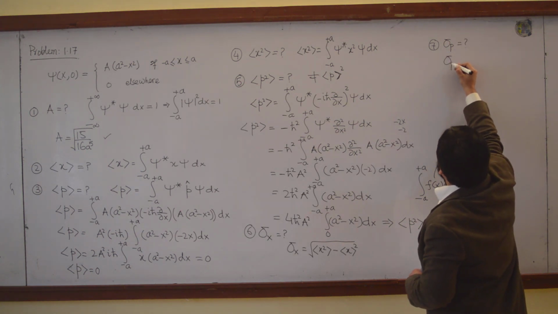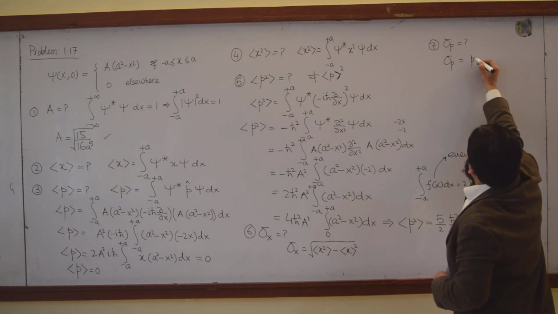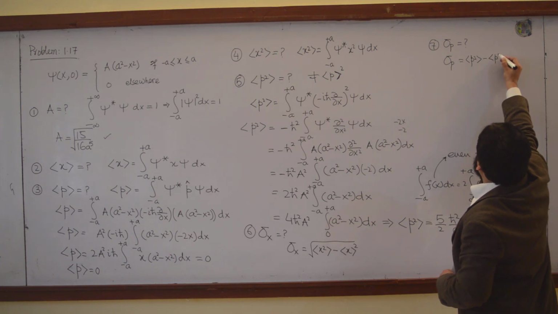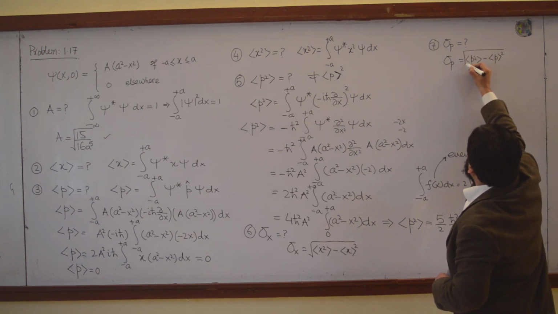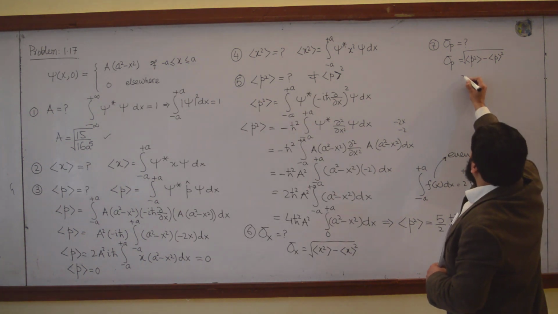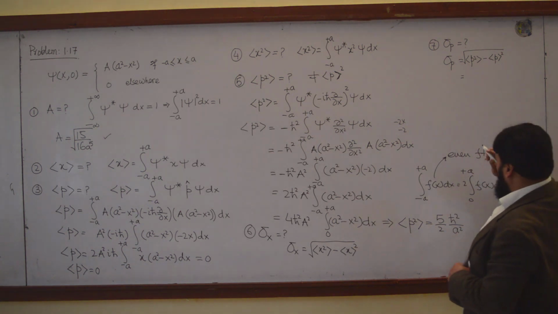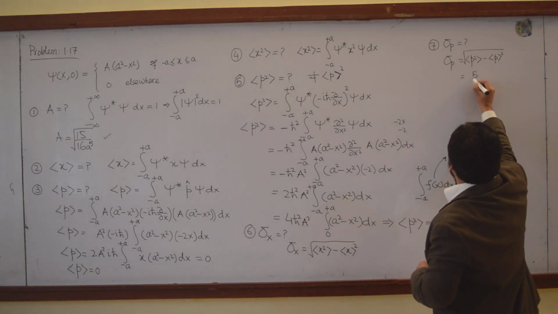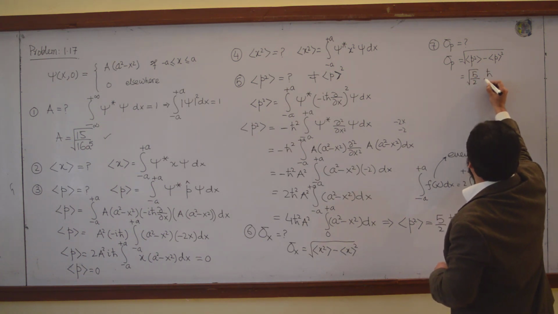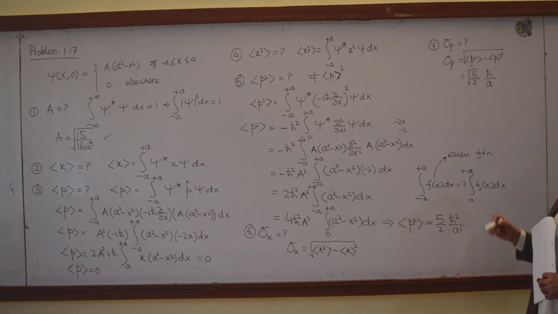So sigma p means the standard deviation in momentum, and it will be the expectation value of p squared minus the square of the expectation value of p. So this will be what? This I know is equal to 0, while this one will come out to be the square root of 5 over 2, times h bar over a, because this value is equal to 0.